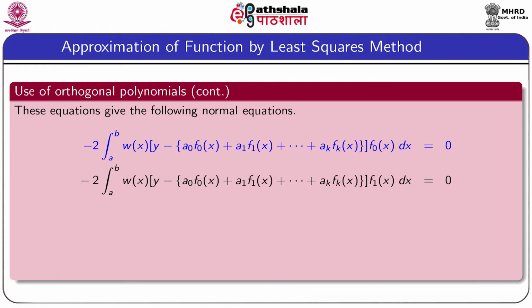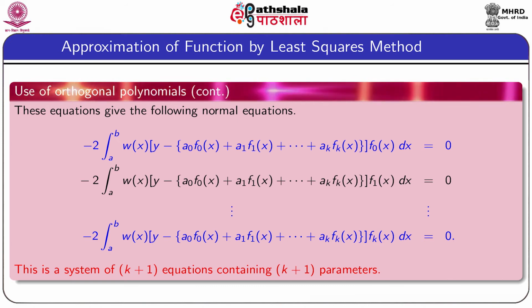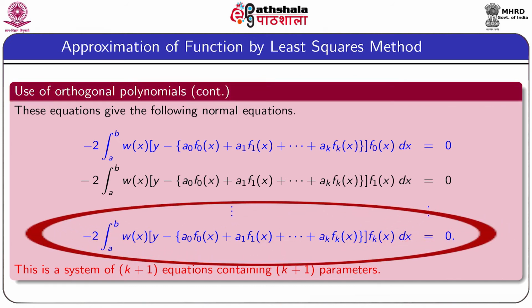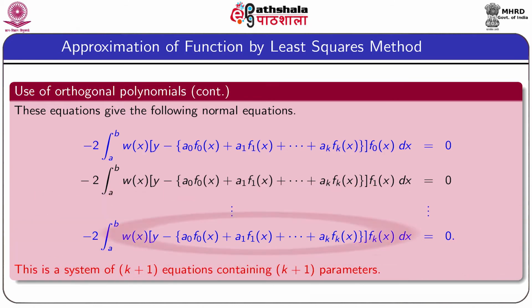The second normal equation is similar to the first one except the factor f0(x) is replaced by f1(x) in the last term. Similarly, this is the last linear equation, and note that this is a system of k plus 1 linear equations containing k plus 1 parameters.